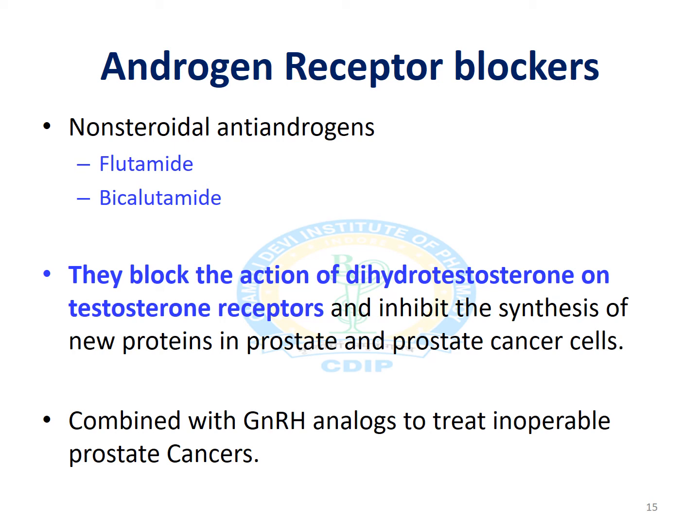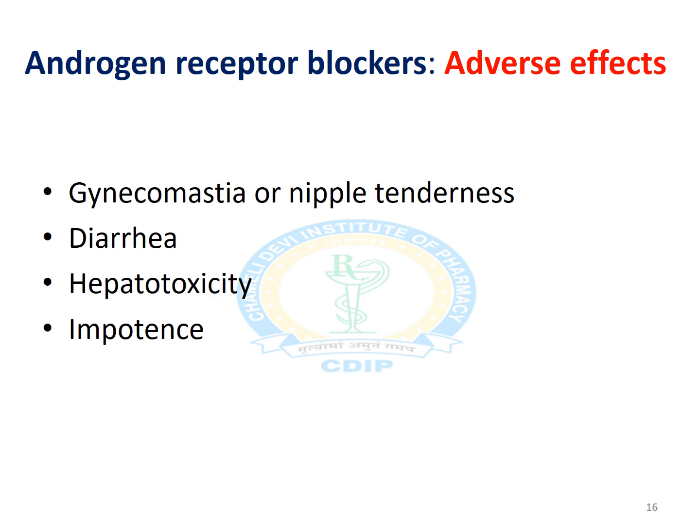So the patient is put on an androgen receptor blocker, flutamide or bicalutamide. The adverse effects of these blockers are gynecomastia or nipple tenderness, diarrhea, hepatotoxicity, and ultimately impotency in males.